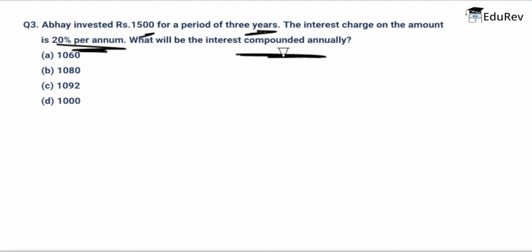Here we need to calculate the amount at 20% compound interest charged annually. We will use the formula to calculate this compound interest.